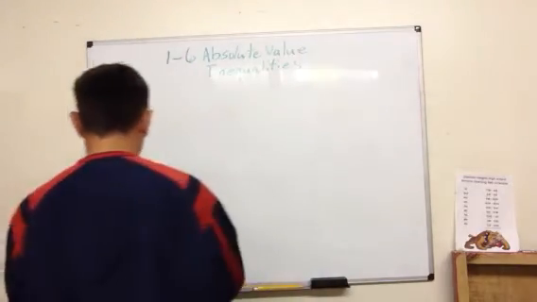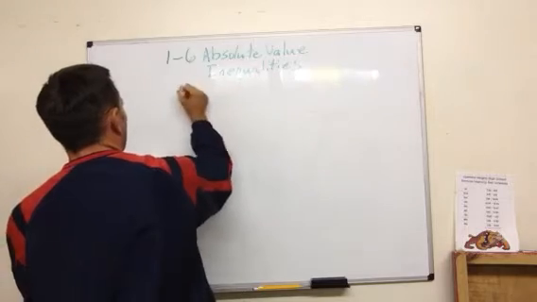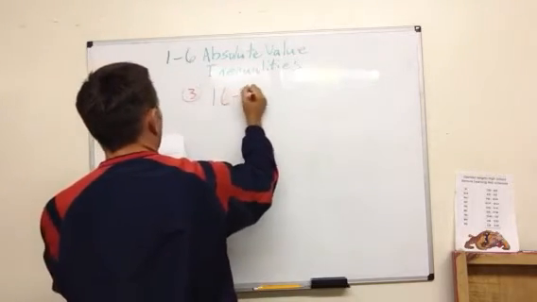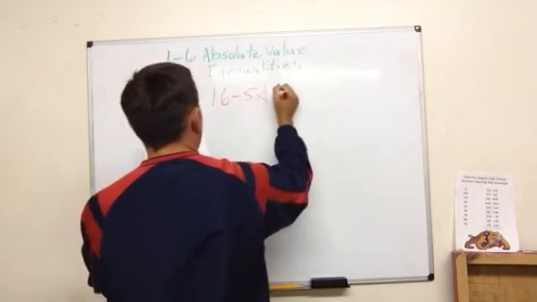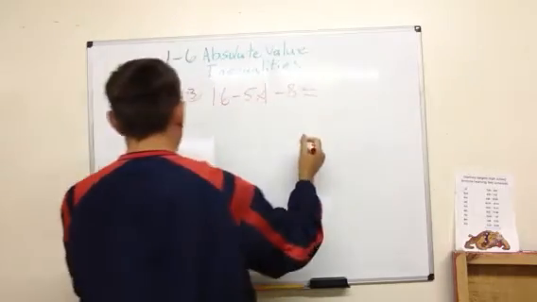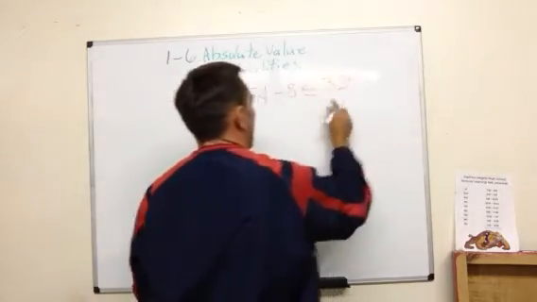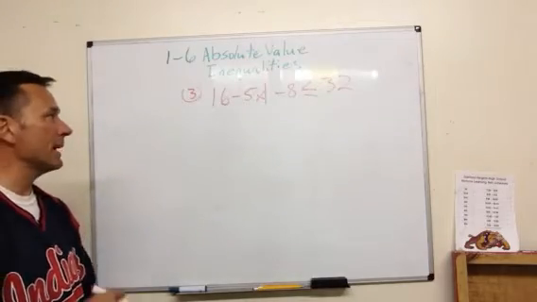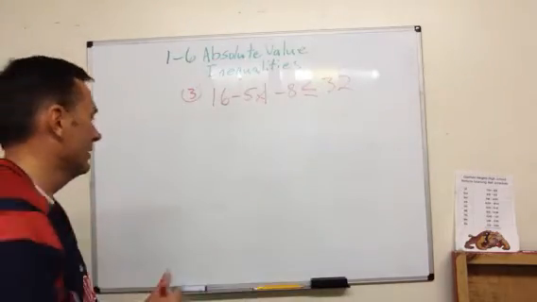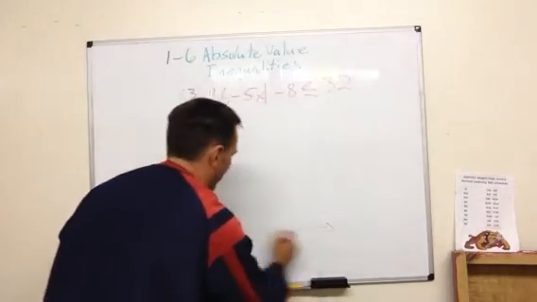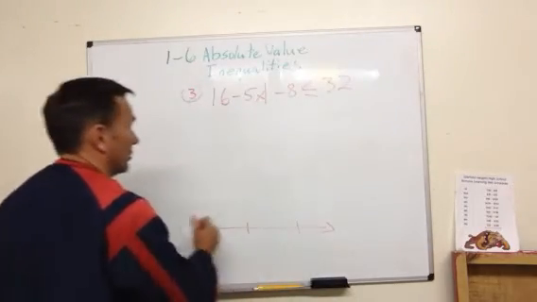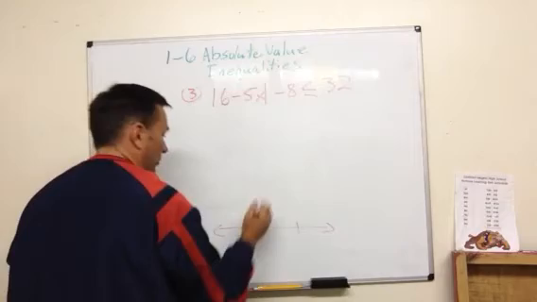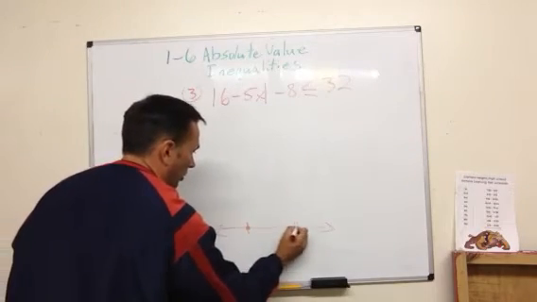So the problem is the absolute value of 6 minus 5x, minus 8, less than or equal to 32. Now I'm looking at this. I'm going to anticipate, because I see less than or equal to in my final answer, and I don't know what the numbers are, I know they're going to be closed circles.